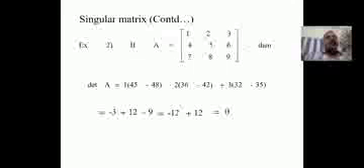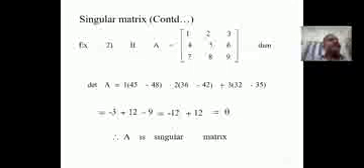Therefore A is a singular matrix. So what is a singular matrix? If the determinant of A is 0, then A is called a singular matrix.